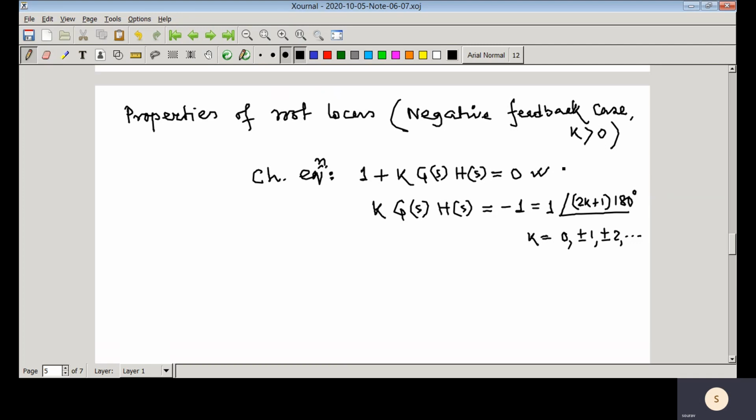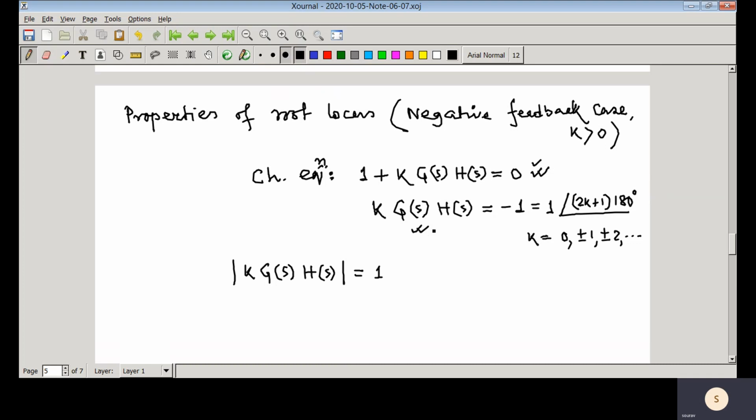So whenever the characteristic equation is like that, we can write k G(s)H(s) equal to -1, and -1 is equivalently in polar form 1 into this. So from here you will get two conditions. One condition is the magnitude: if you take the gain of k G(s)H(s), that would be equal to 1.